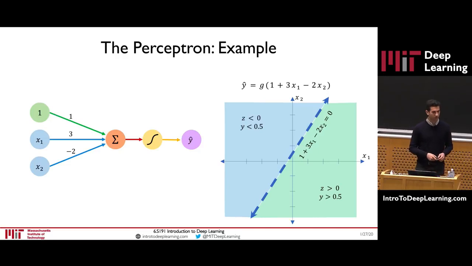Now, before I move on, this is a great example of visualizing and understanding what's going on inside of a neural network. The reason why it's hard to do this with deep neural networks is because you usually don't have only two inputs, and you usually don't have only two weights as well.